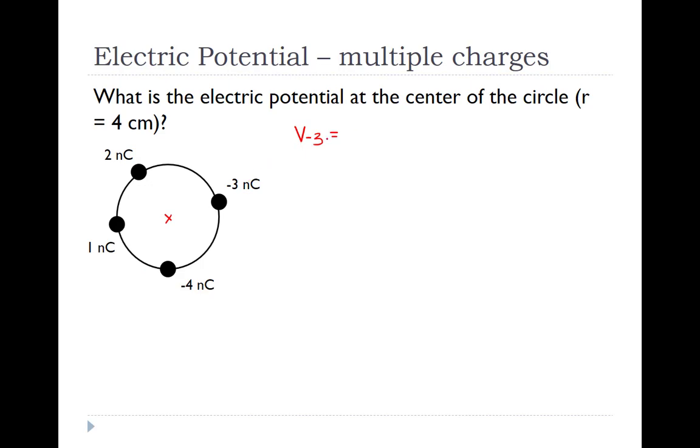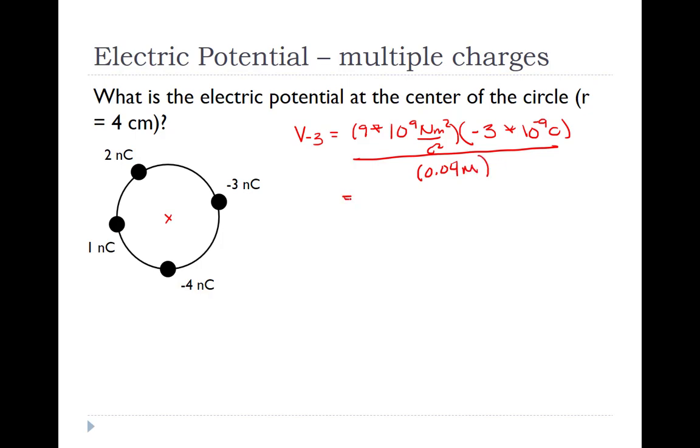So due to the negative 3 nanocoulomb, I have K, which is 9 times 10 to the 9th Newton meter squared per coulomb squared, times my Q, which is negative 3 times 10 to the minus 9 coulombs, divided by my distance, which is 0.04 or 4 times 10 to the minus 2 meters. And that works out to be negative 675 volts.